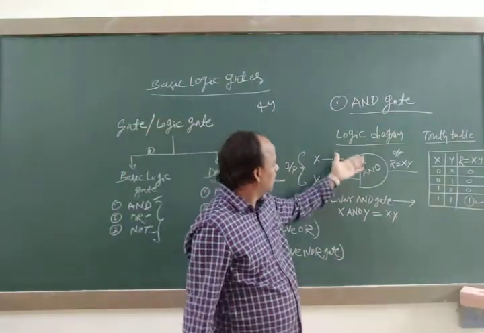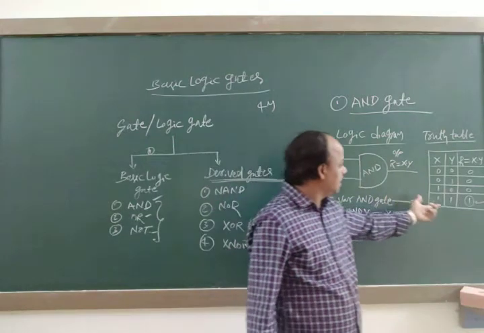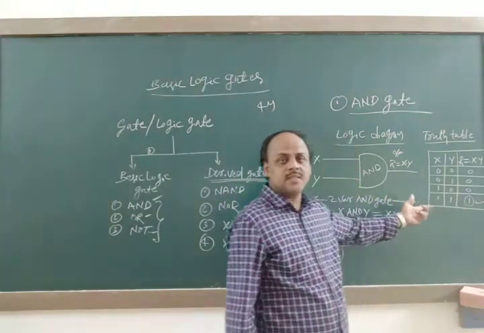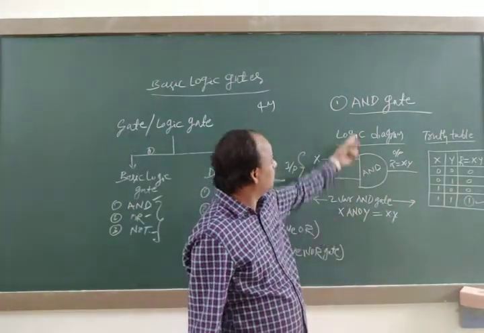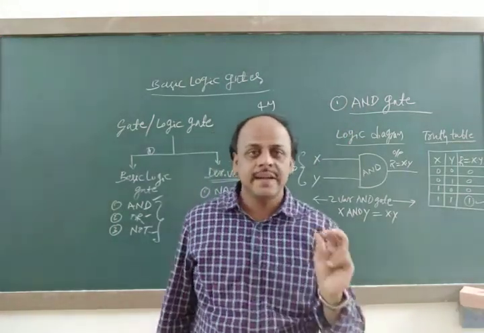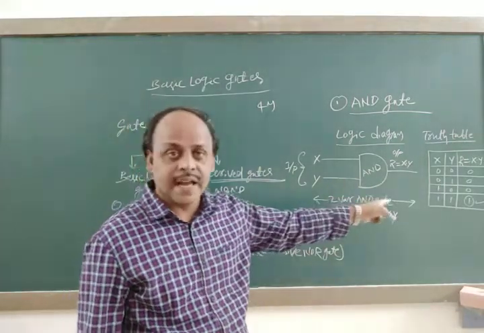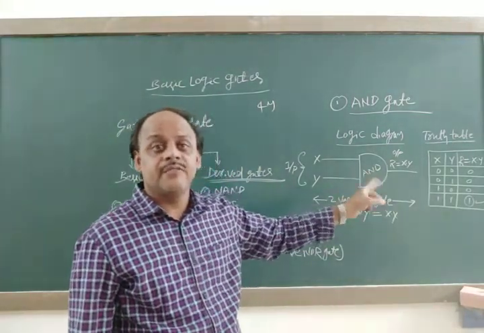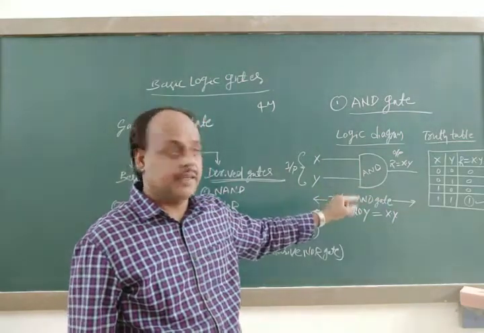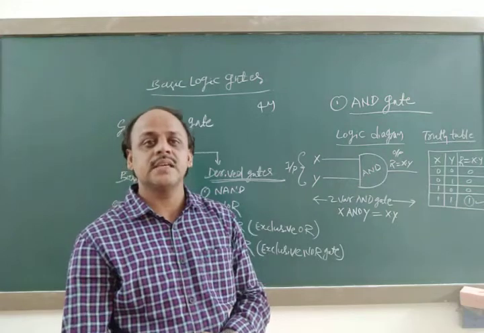So we have to draw the logic diagram and truth table like this, as well as define the AND gate in a simple way. That is, the AND gate is one of the basic logic gates in which the output is high if and only if both the inputs are high. In other cases, the output is 0, or else we can say low.